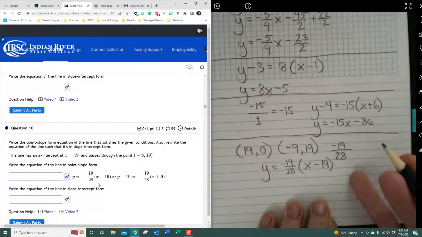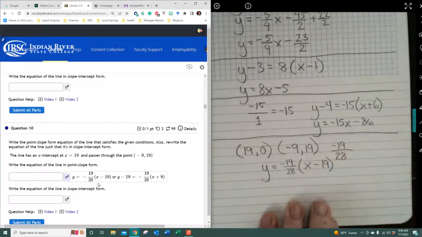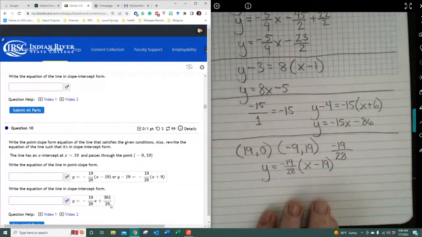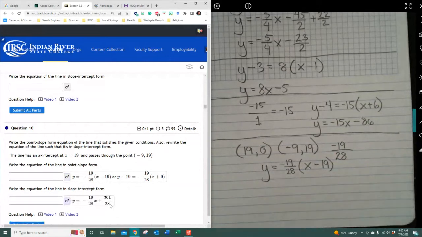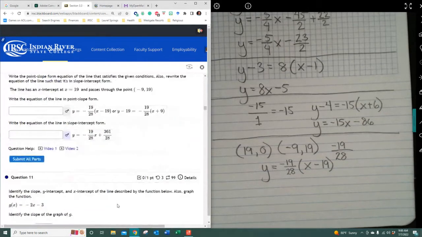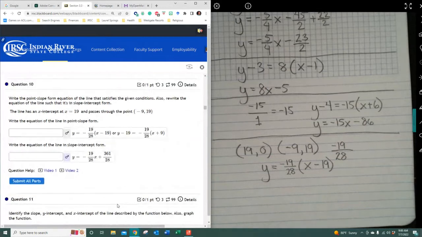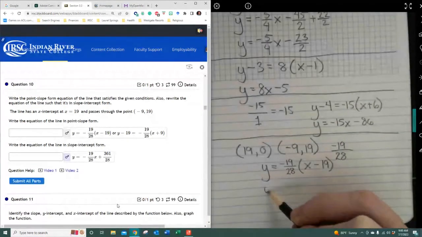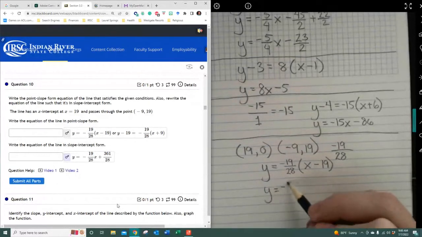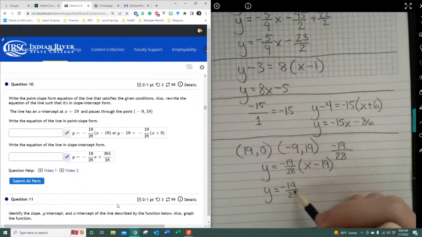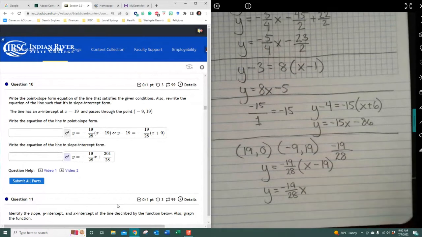And in order to finish this off, you just do the distributive property. Just multiply it out, and you get this. So it becomes 19 times 19, basically. That one's pretty easy, in my opinion. All you got to do is negative 19 over 28 times x, right?